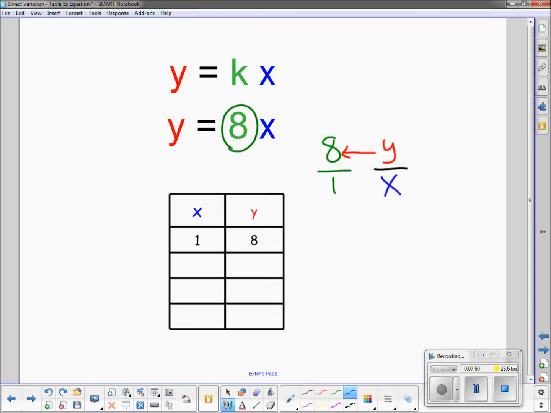And that's what we see down here in the table that I've already started for us, where y is 8 and x is 1. From this point on, we are just going to simply take that same fraction, 8 over 1, and find equivalent fractions to fill up the rest of the table.